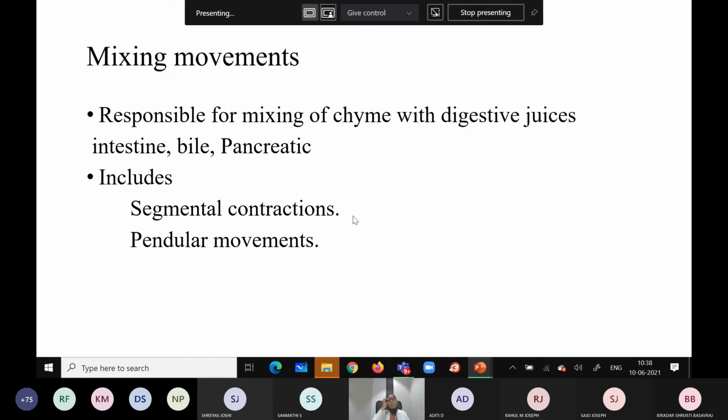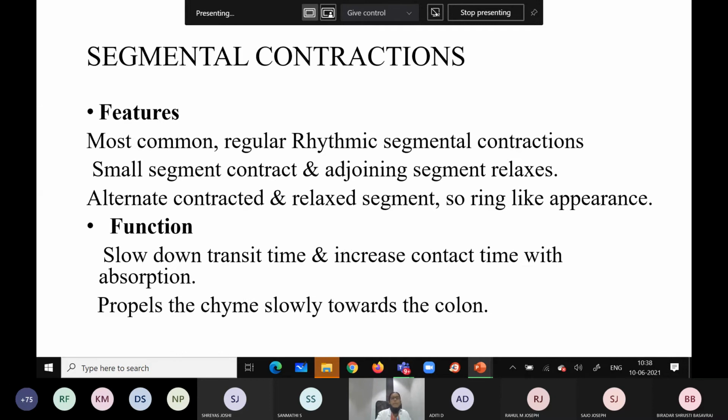Mixing movements are responsible for mixing of chyme with digestive juices like intestinal, bile and pancreatic juices, and they include segmental contractions and pendular movements. So what are the mixing movements? They are mainly the segmental contractions and pendular movements.